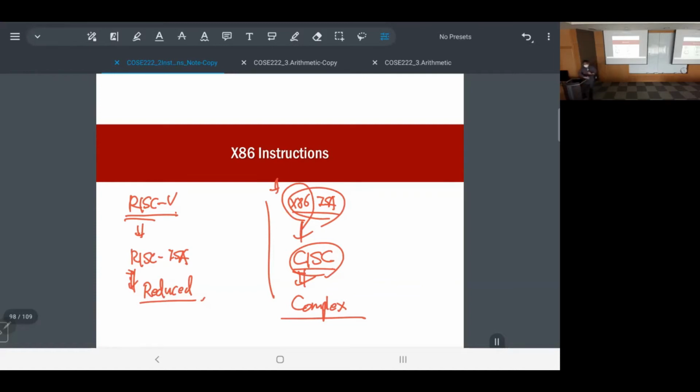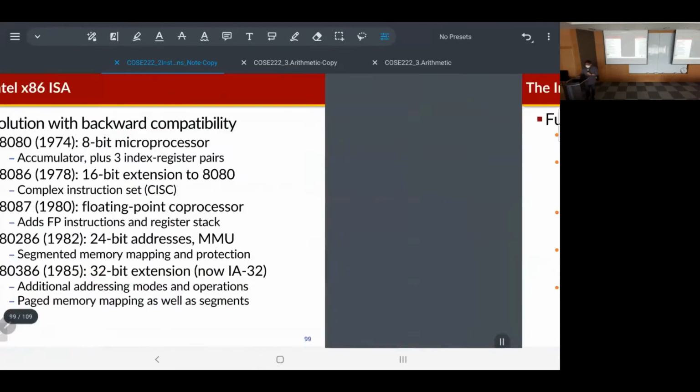If we compare some instructions of RISC type like ARM or RISC-V with the instructions of x86, then we can find that x86 is very complex. It's very complicated. But x86 instruction set architectures are widely used for desktop CPUs, laptop and server CPUs.